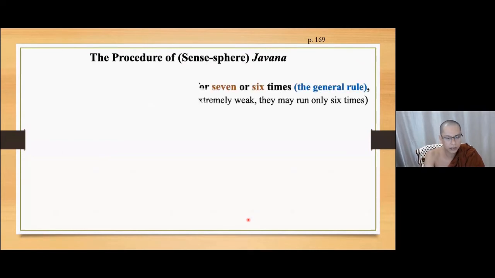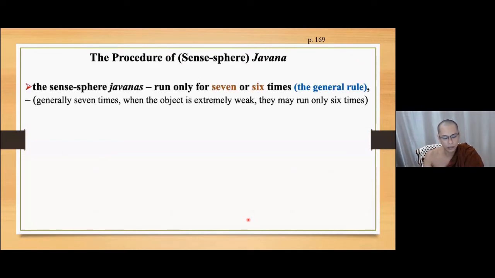Now I would like to introduce, to support the further lesson, the procedure of sense-sphere javana. Sense-sphere javana usually arises seven or six times. This is the general rule, and generally it happens seven times in every sense-sphere process.